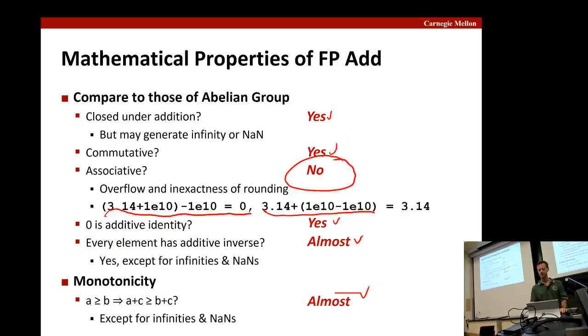In the second case, you have 2 small numbers. They're represented exactly. You can subtract them, you actually get 0, and then you add it, and you get the right number. But over here, this very large number dwarfs the 3.14, and so it just gets truncated away. It's as if you never added it, and so when you subtract off this same very large number, you're actually going to end up with 0.